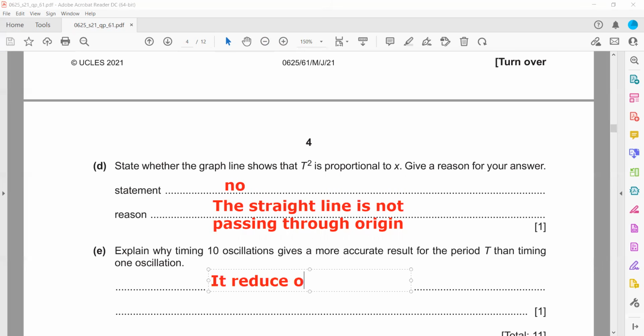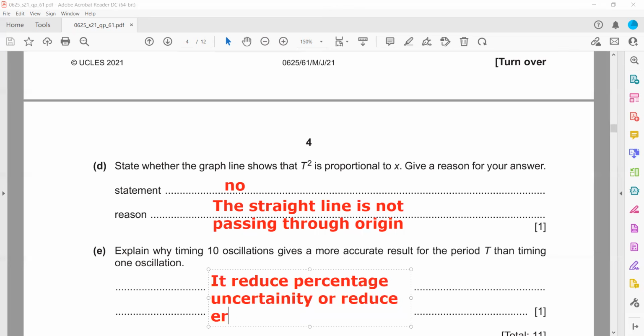As you are recording a longer time interval, you will have less percentage error or percentage uncertainty. So that's the main reason.